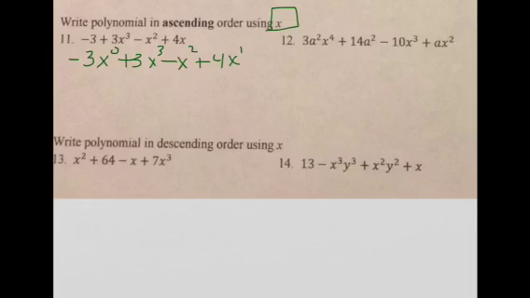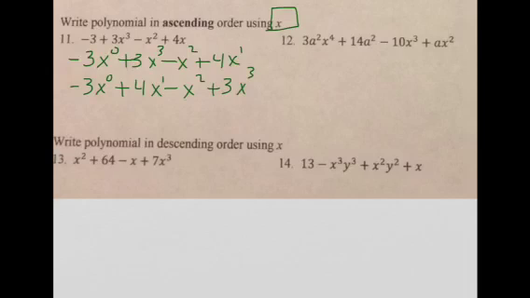That means we're going to go smallest exponent to largest exponent. So it's going to be negative 3x to the 0, and then plus 4x, and then minus x squared, and then plus 3x cubed. So you can see that our exponents are ascending: 0, 1, 2, and 3.